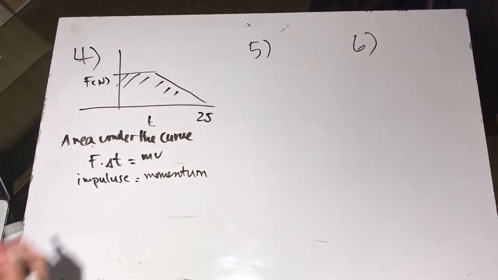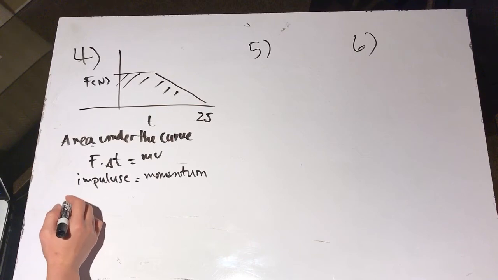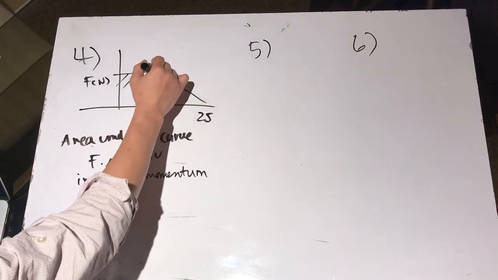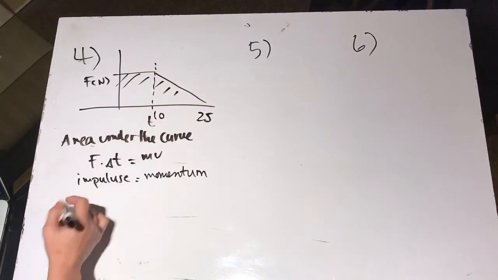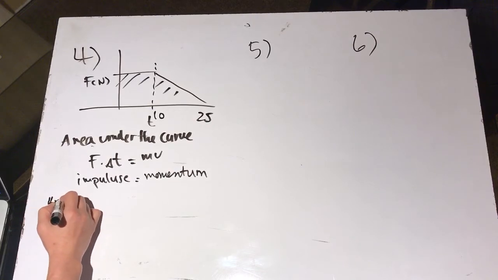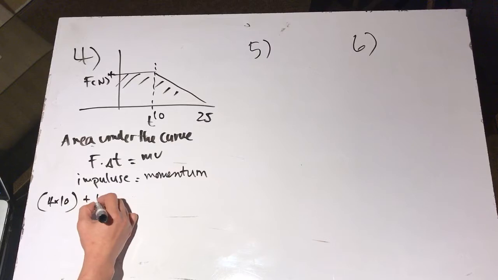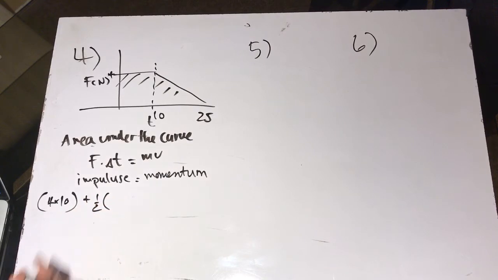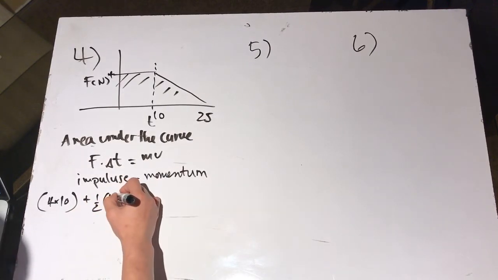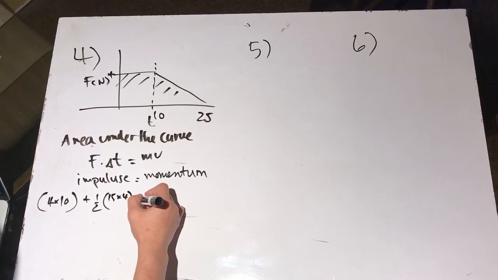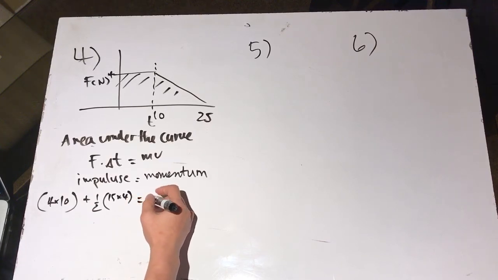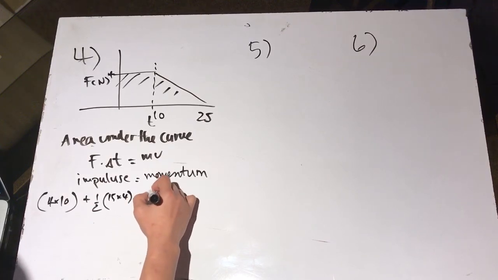But there's more into it because for the first 10 seconds, the area is force times 10, that's base times height, plus 1/2 base 15 times 4, which is equal to impulse.